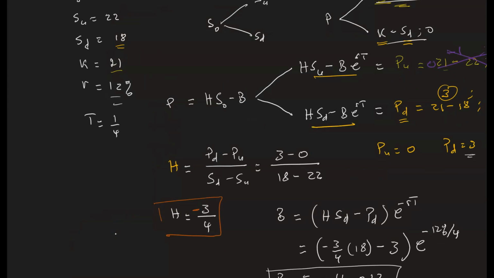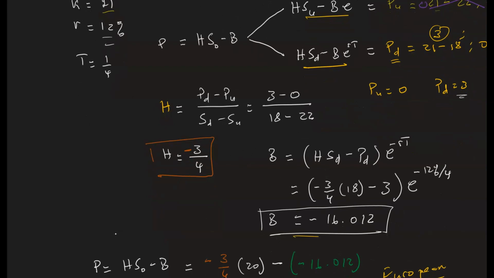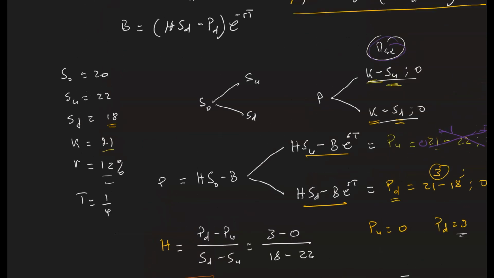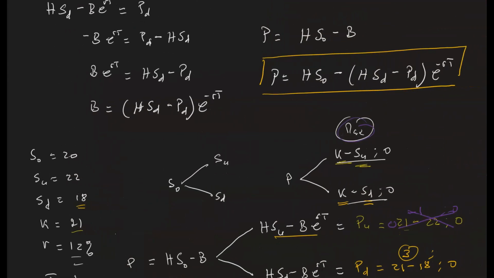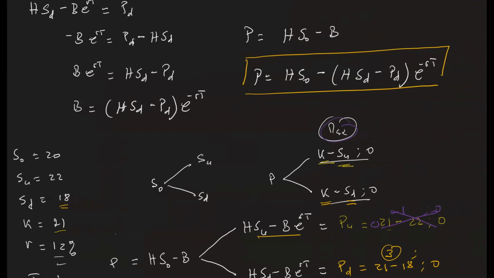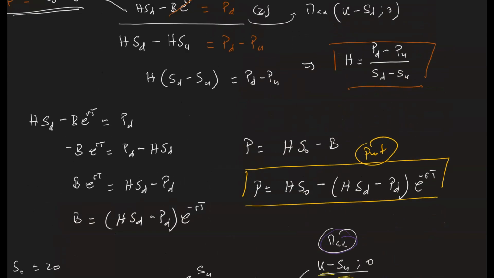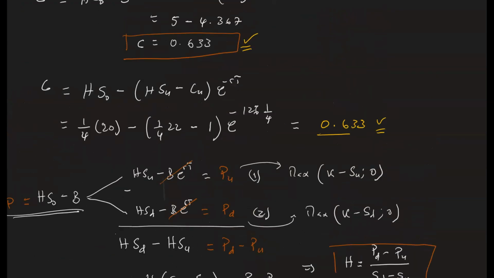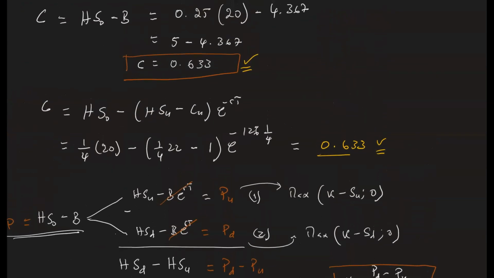We know that we can find the hedge ratio, and we infer from the hedge ratio what the B there is going to be, which is that value here, and from there we can find what the put option price is going to be. So we have our put option value expression, which is that for the put, and we have our call option value expression, which is essentially this for the call.